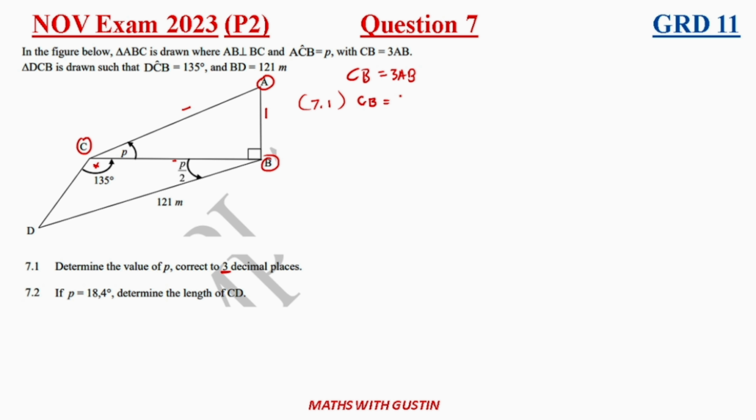So with this ratio, you can use the ratio to find the angle. So let's divide by AB on both sides. So therefore CB over AB is equal to 3/1. Therefore this means that CB is equal to 3, and then AB is just equal to 1.